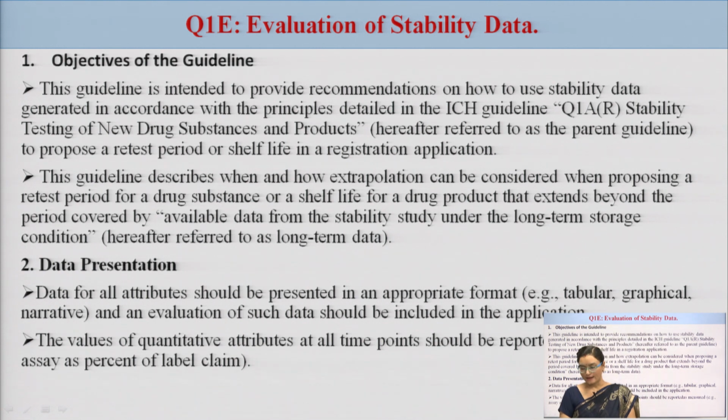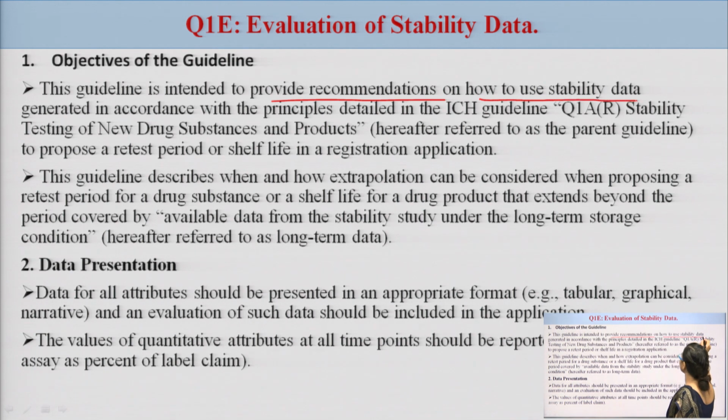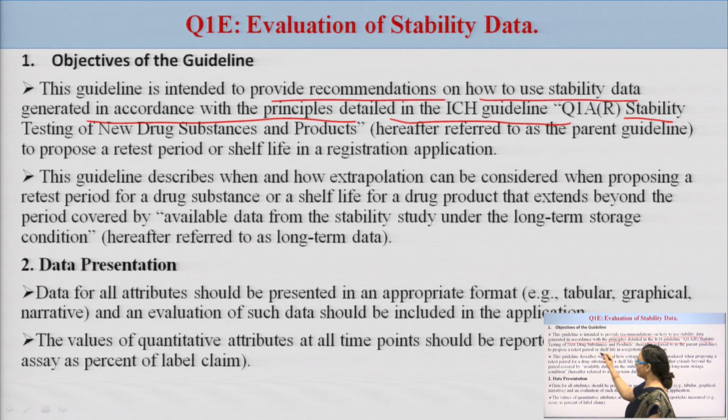Next is Q1E guideline, that is for evaluation of stability data. The objective of the guideline is to provide recommendation on how to use stability data generated in accordance with the principles detailed in ICH guideline Q1A R2, that is stability testing of new drug substances and products.